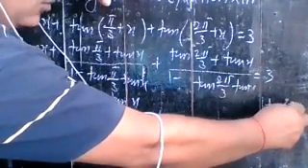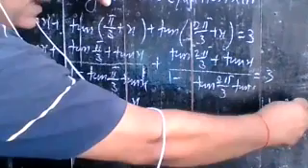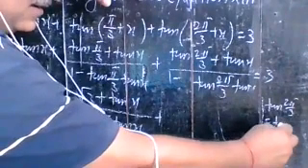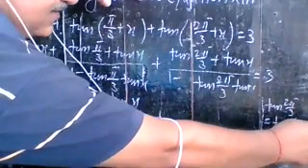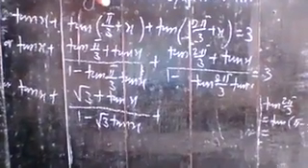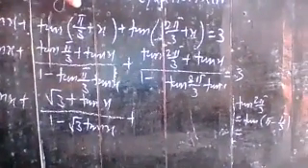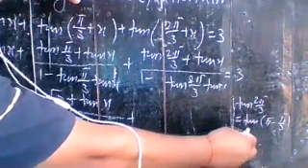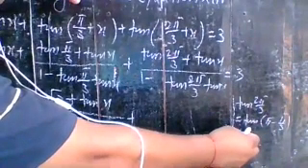Here you have tan 2 pi by 3, understand? That can be written as tan of pi minus pi by 3, and it is in the second quadrant. In the second quadrant, tan is negative.